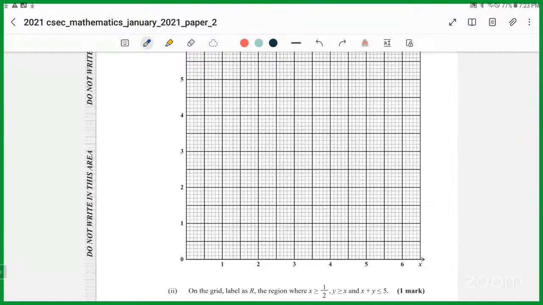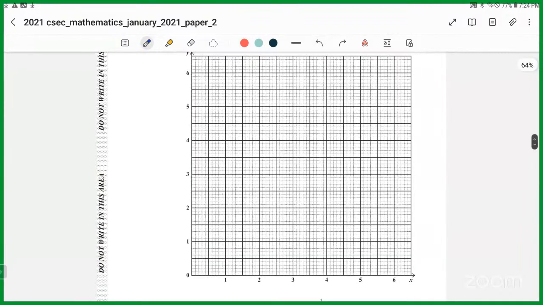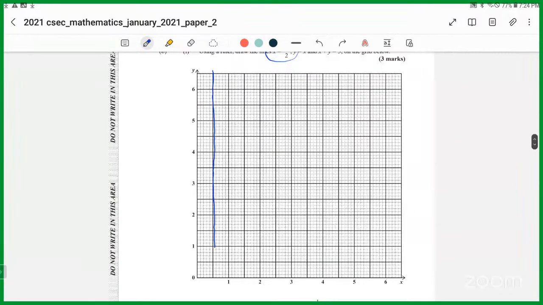The line that we want for x equals half is a vertical line down here. This is the line x equals half.